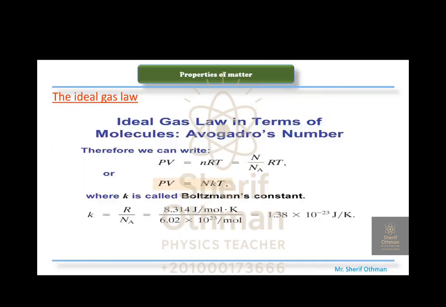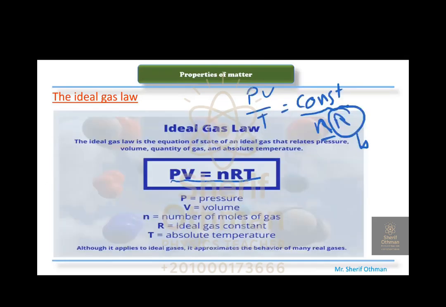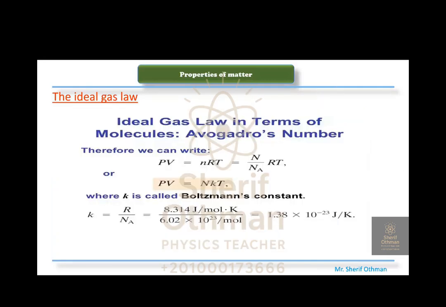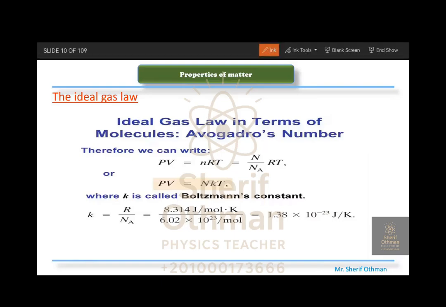If you would like to change the form of the ideal gas law, instead of PV equals nRT, to be in Avogadro's form, using Avogadro's number. Avogadro's number is the number of particles in 1 mole of matter. We said before PV equals nRT, where n is the number of moles.